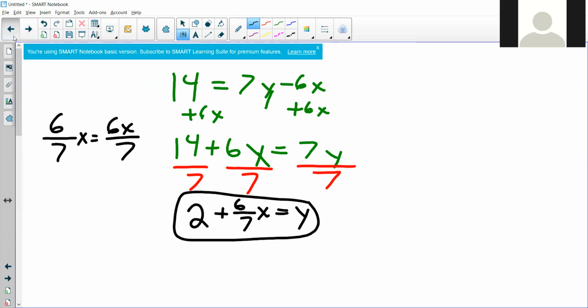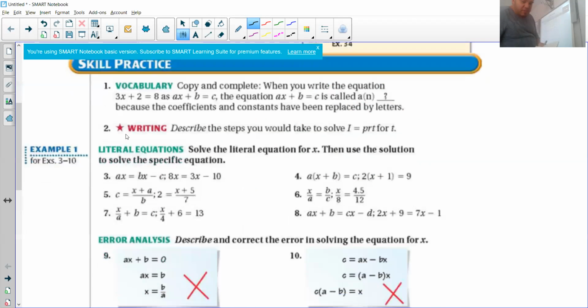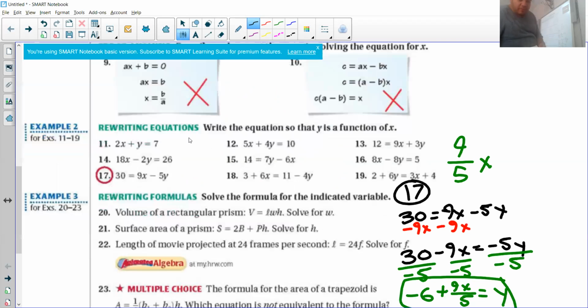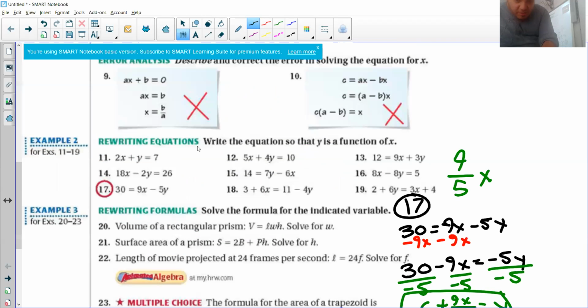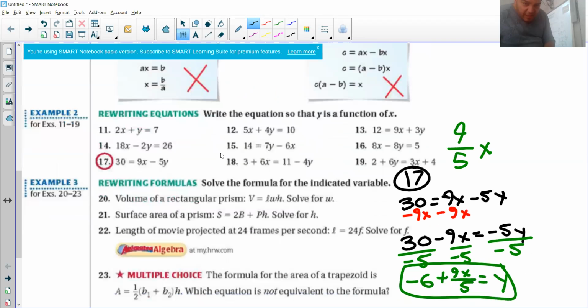So this is not the exit ticket. I just want to make sure we're not too crazy about this stuff. As in, I want to make sure we know how to do this. I would like everyone to do number 14. You're going to type out the answer to me privately. Again, y as a function of x, which basically means get y by itself.